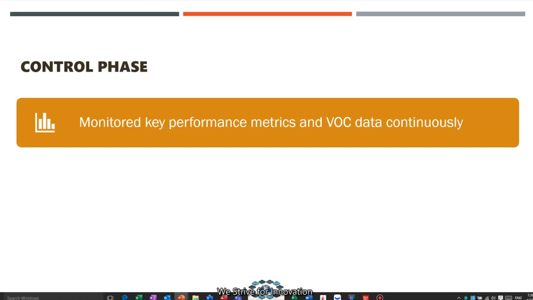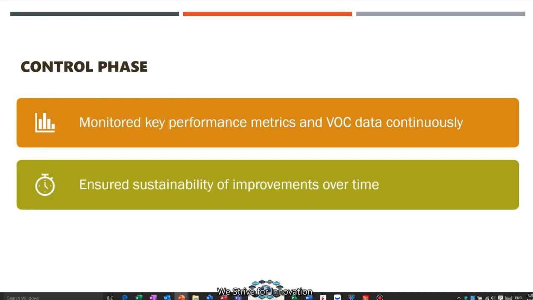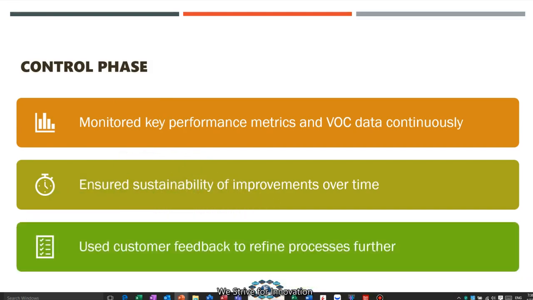Remember the metric data you just collected: waiting time, first call answering, and all that, customer satisfaction score. All those are metrics. You will ensure sustainability of improvement over time. Then you will use customer feedback to refine the process even further. Maybe you can really make the process more improved.